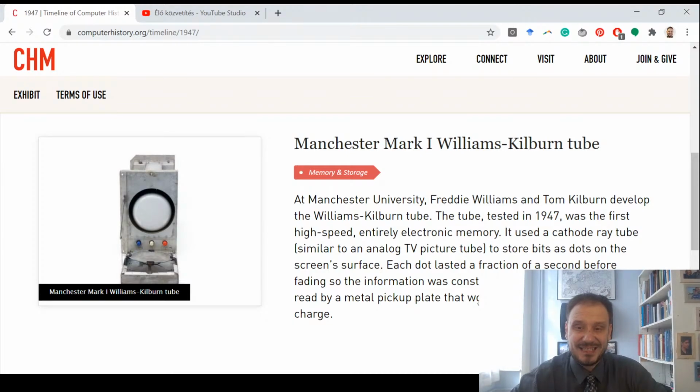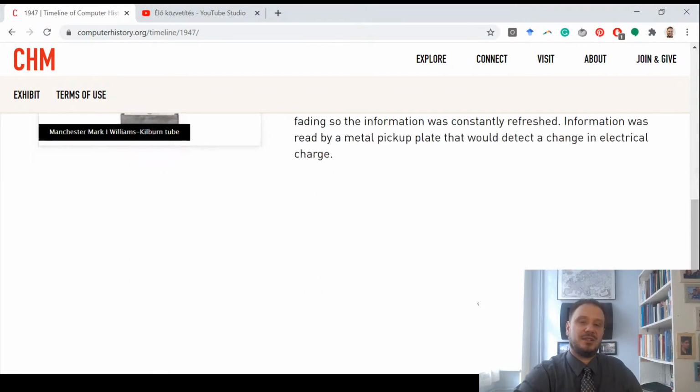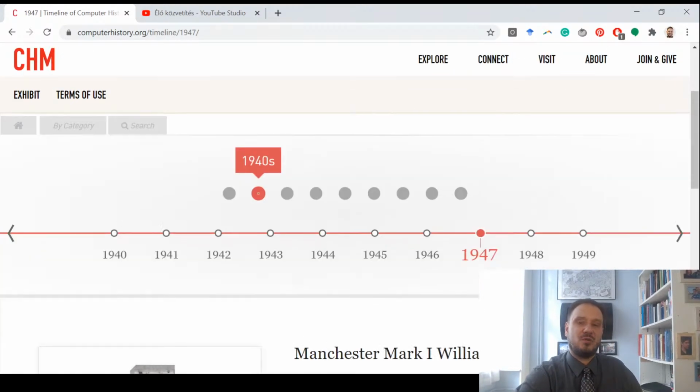Each dot lasted a fraction of a second before fading, so the information was constantly refreshed. Information was read by a metal pickup plate that would detect a change in electrical charge. So as you can see, a new type of memory was developed at that time.